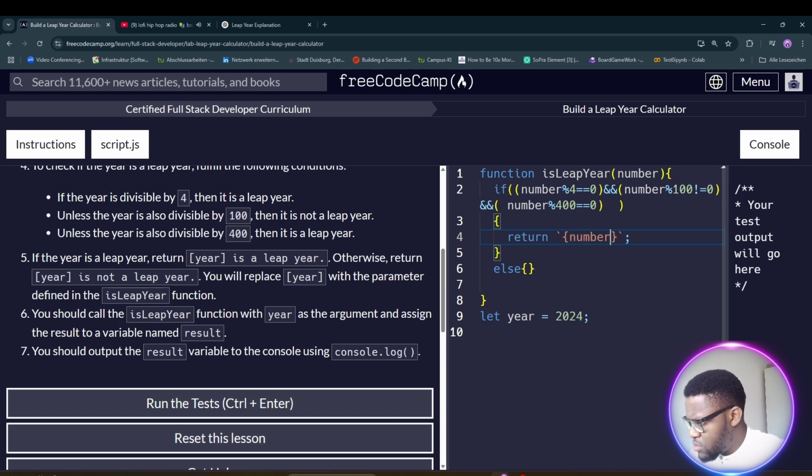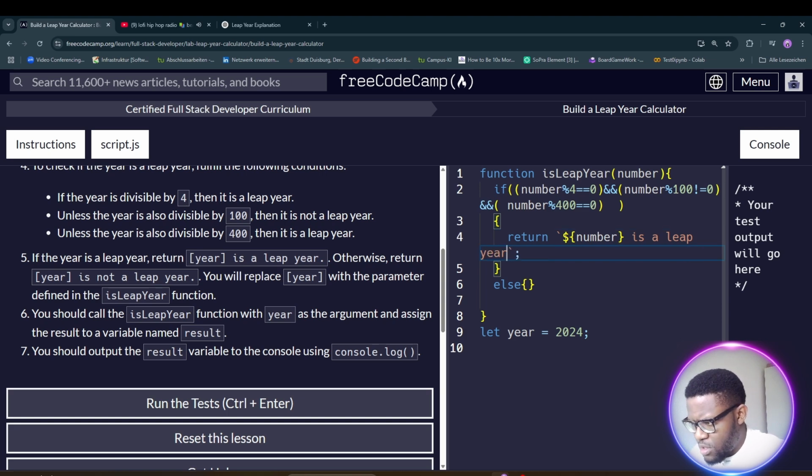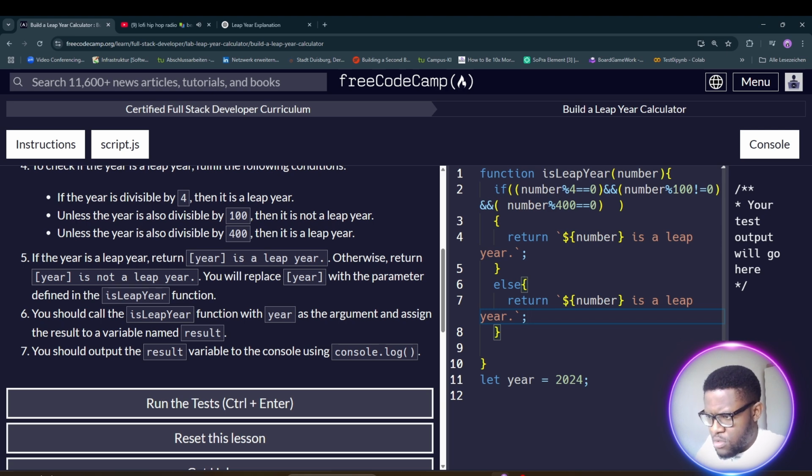The number is a leap year. It's not a leap year.